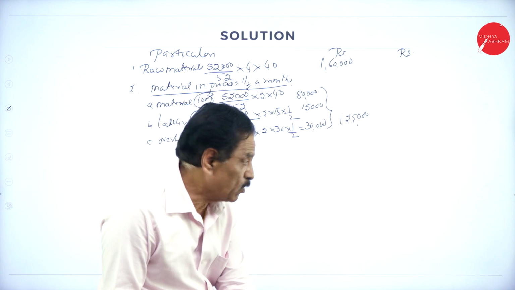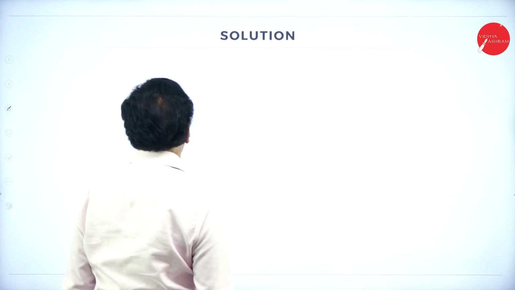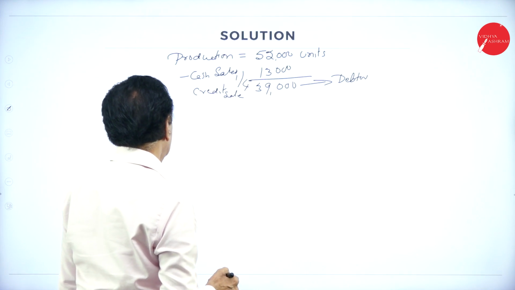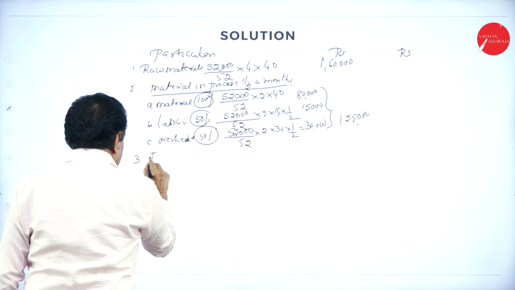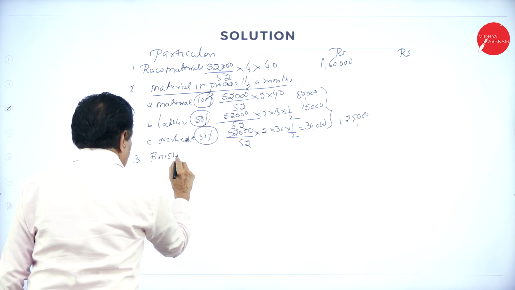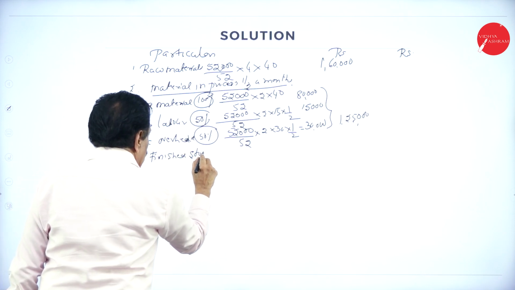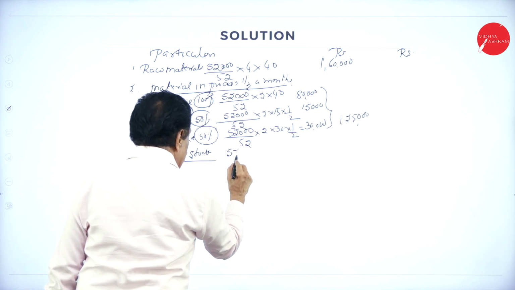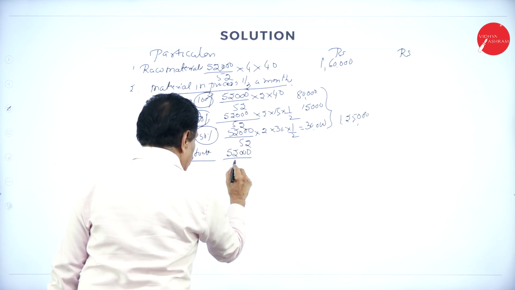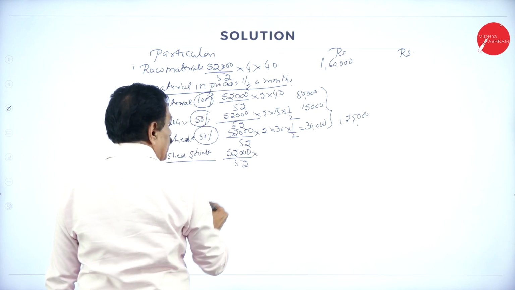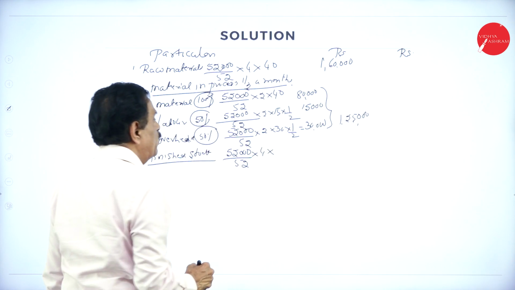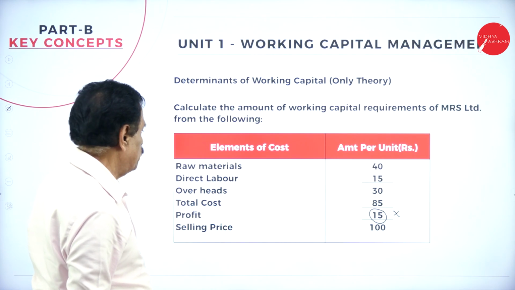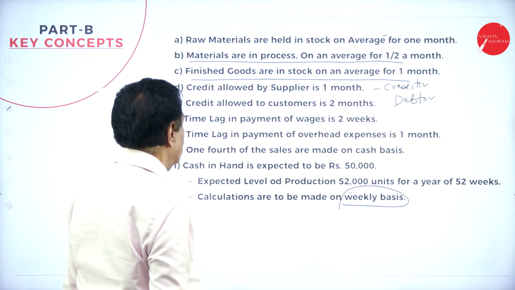So what next you got? This is over. Finished stock, number 3, 1 month. So 52,000 divided by 52. 1 month means 4 weeks, into cost price. What's your cost price? Total cost is 85.